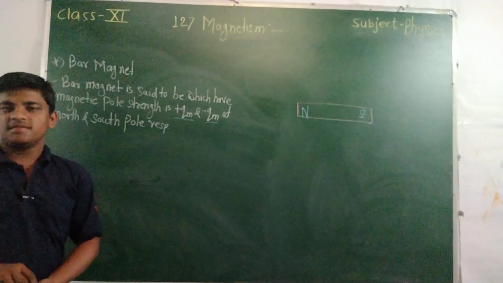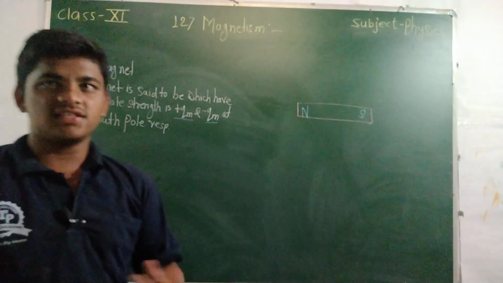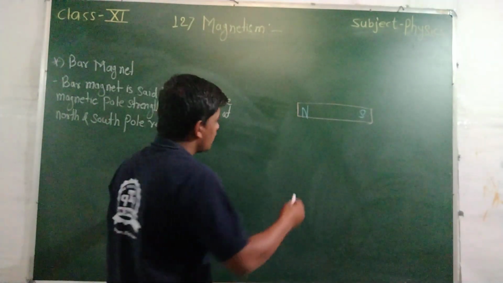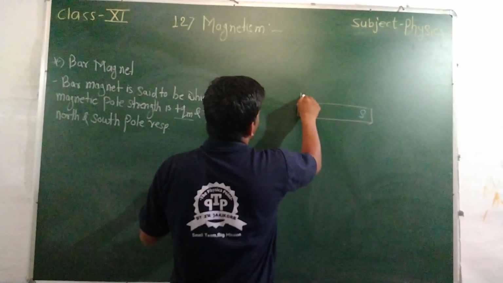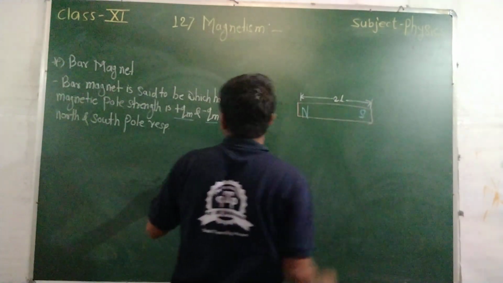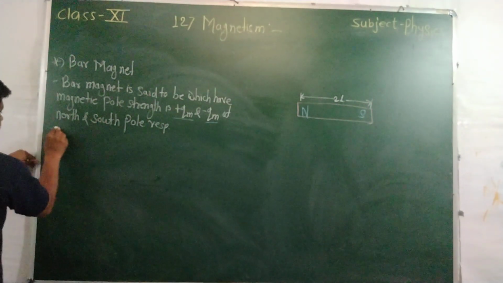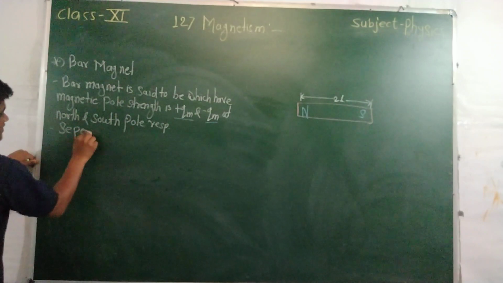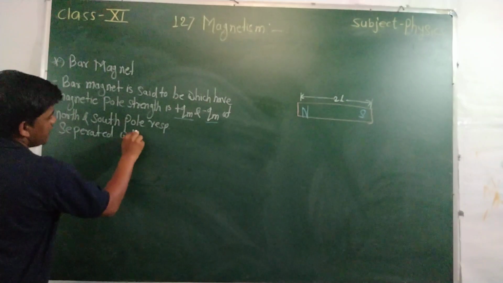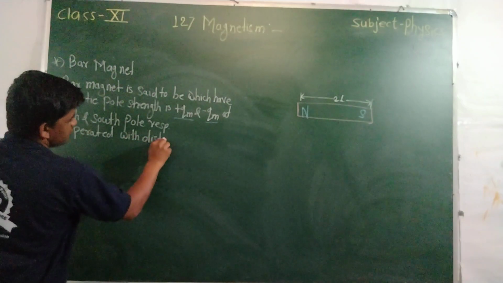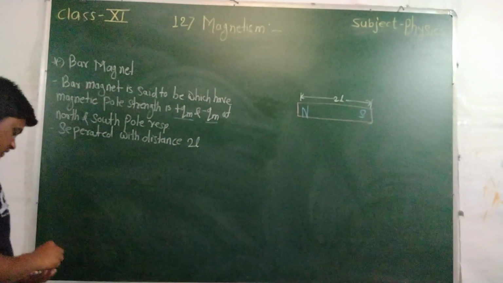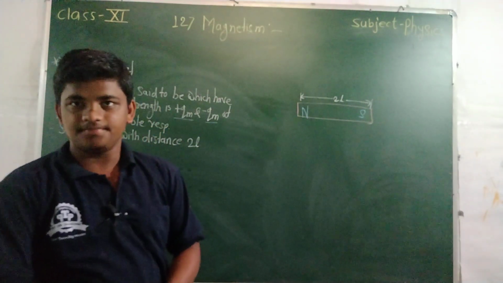We will start to discuss some different points one by one. The poles are separated by some length. The length between the north pole and the south pole is 2L, so the poles are separated with the distance 2L.